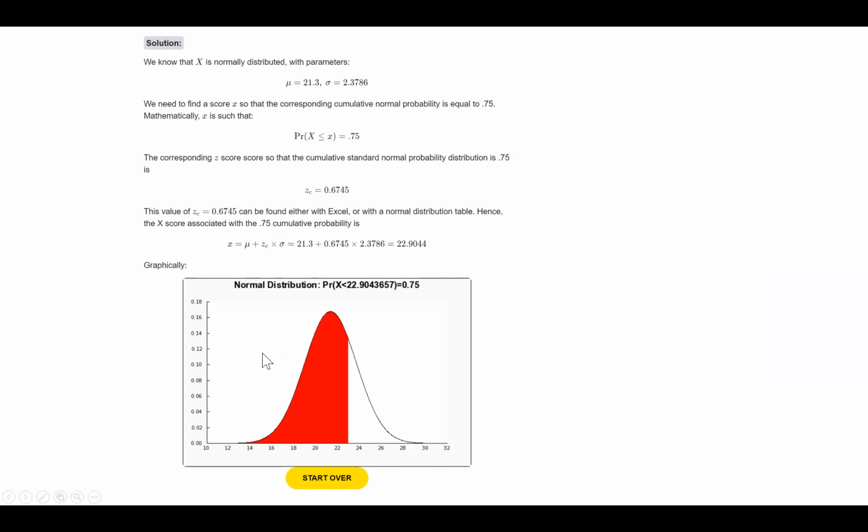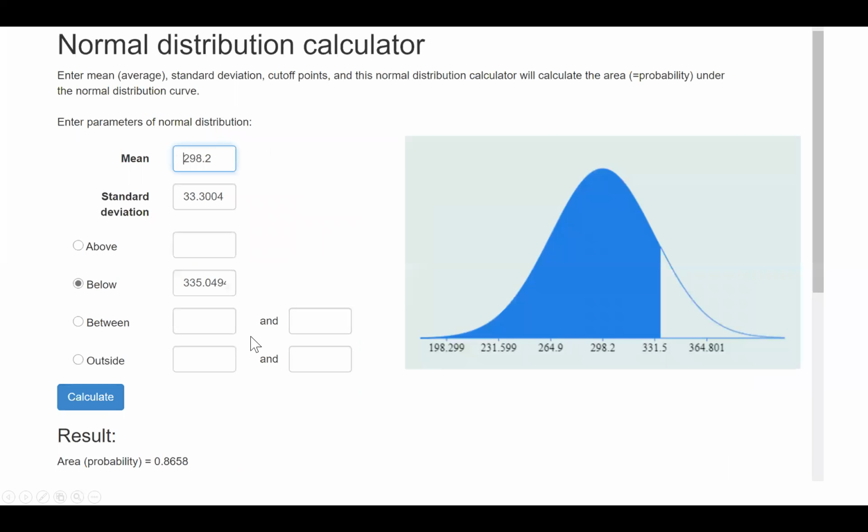Then it says plug in to find out your, let me just check real quickly here. Oh, the summation, that's right. It was the summation ones here. So I would use this calculator again. It's the summation of X. So 298.2, this is part B now, right? When you're adding all the X's. Standard deviation was 33.3005.